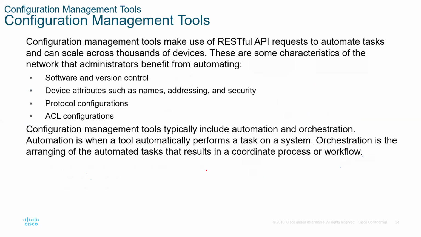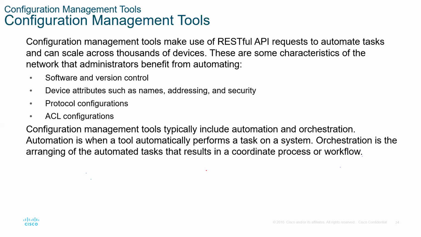Configuration management tools make use of RESTful API requests to automate tasks and can scale across thousands of devices. Like the example of when you are making a reservation online for a hotel or for a flight, instead of having access to one database, you can use an API which makes multiple API calls and requests information from multiple databases.